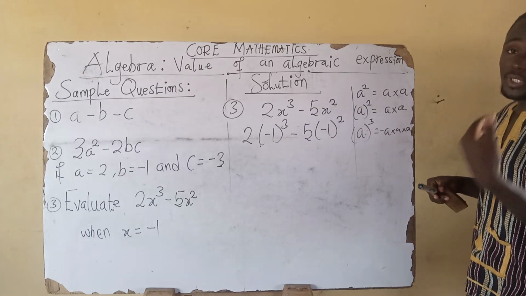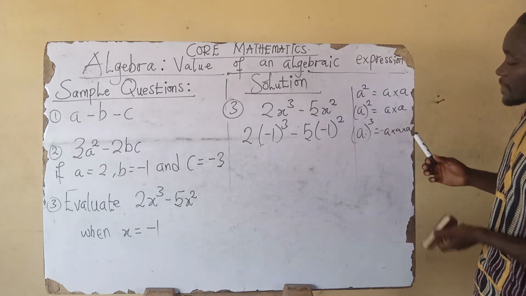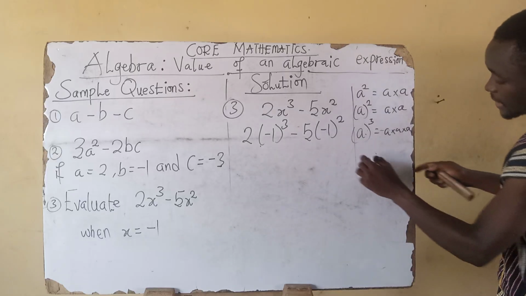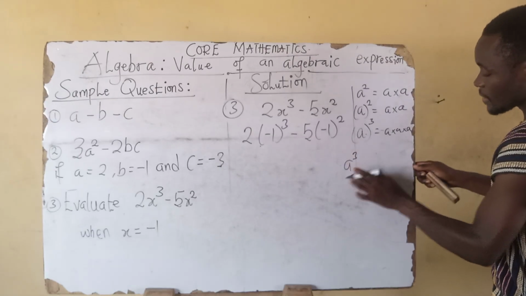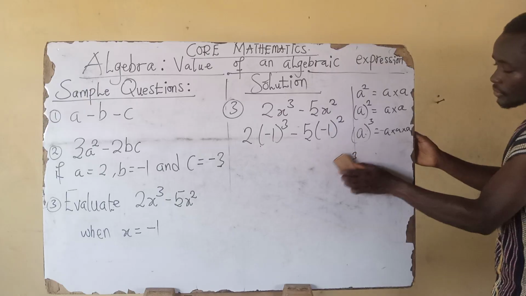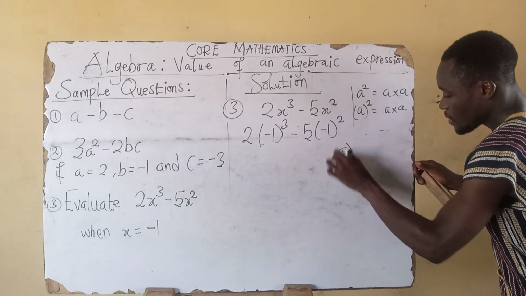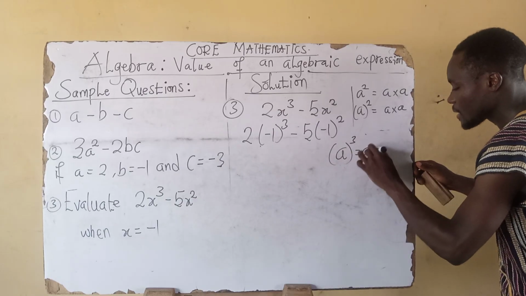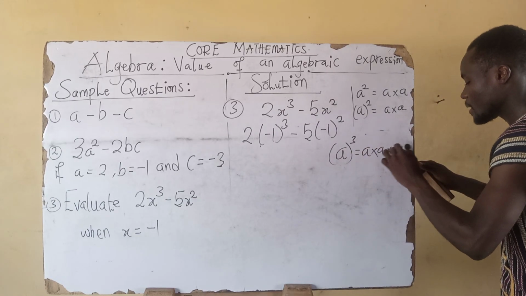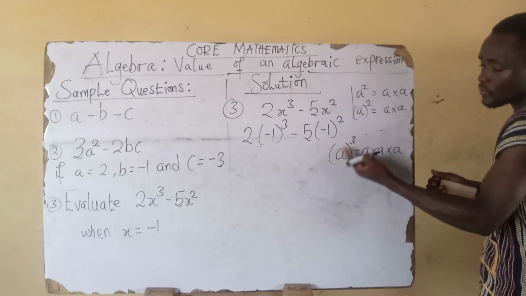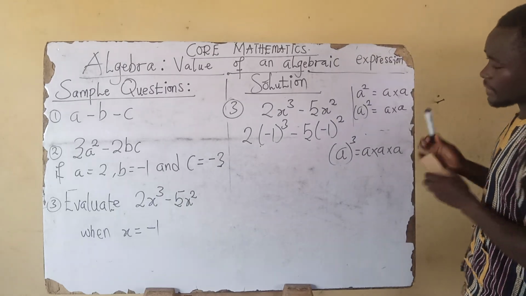It means a is multiplying itself 3 times. Let me rewrite this well so that you will get what I'm trying to say. If I have a all power 3, it means a times a times a. So multiplying this, that's what I'm going to get. Yeah, I believe it is very good.